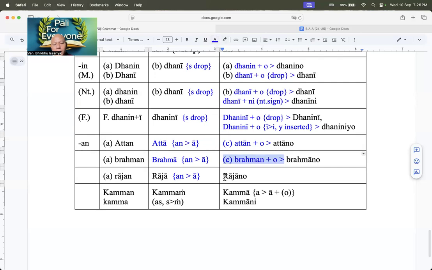So Rajan also. Rajan, sorry, this one is already long. C stem. Here also Rajan, after that the O. So we have Raja, no, in this way.